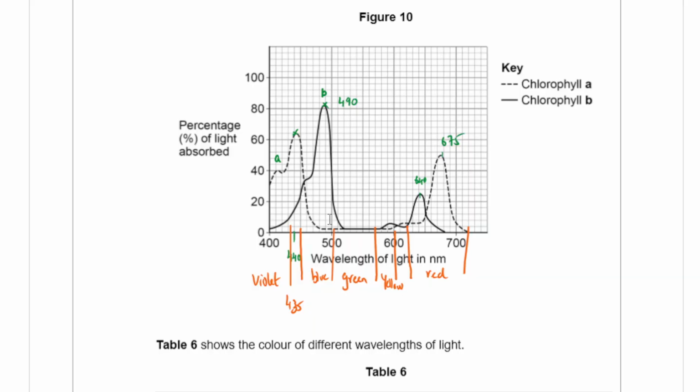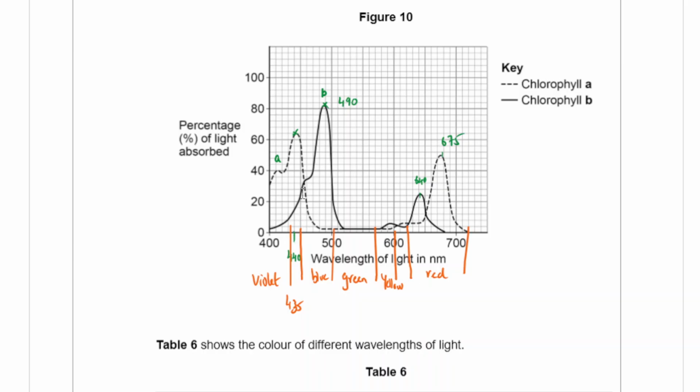So now blue light, chlorophyll B has a maximum percentage of light absorbed.